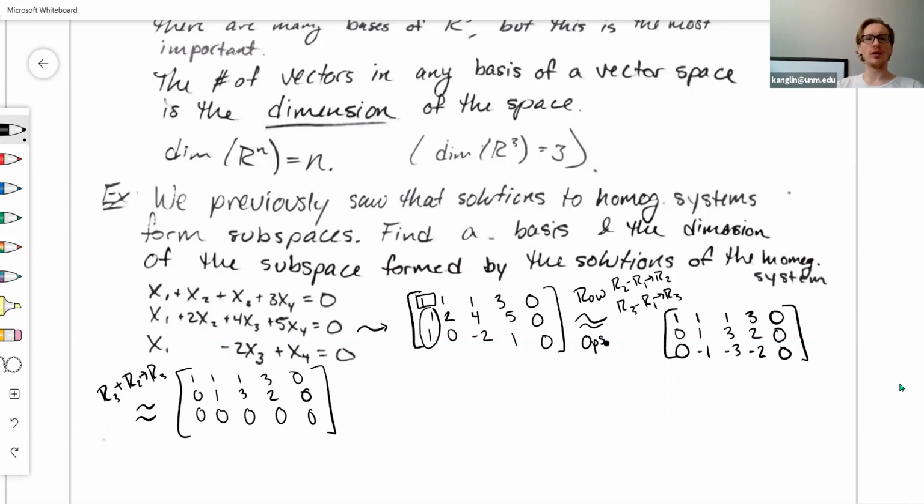Let me go ahead and do a little bit more. Let me do all that I can here. Row 1 minus row 2 goes back to row 1. That will get rid of this guy because it's above a lead entry. Otherwise, what do I get? 1 minus 3, 3 minus 2, 0.